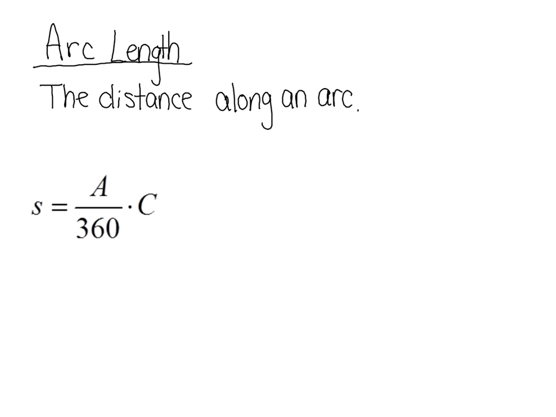We can say our arc length is A over 360 times the circumference, or we can write that as A over 360 times 2 pi r, since the circumference is 2 pi r. So to think about this one, all we're going to do is figure out what part of the entire distance around we are covering: how many degrees out of the total 360 for the entire distance around the circle?